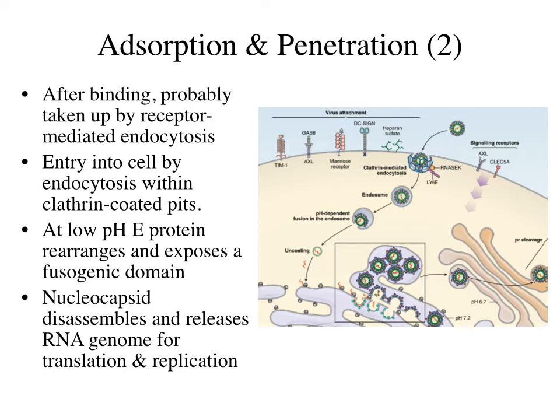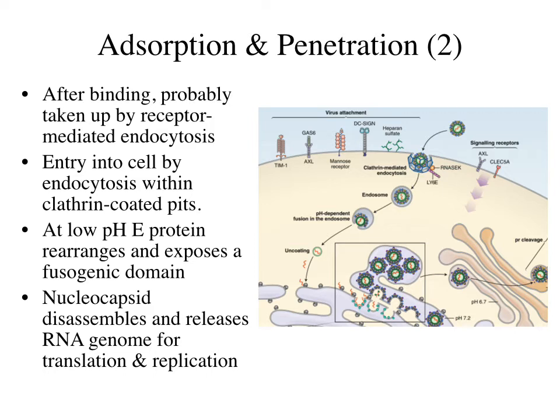Within the endosome, you have the protein pump bringing hydrogen ions in, which results in a lowered pH. Lower pH causes the E protein to rearrange, and we see an exposure of the fusogenic domain.